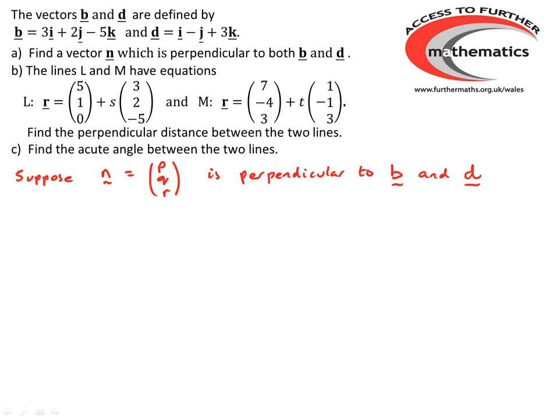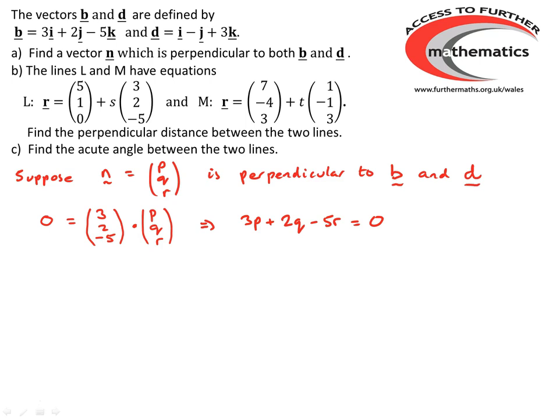Let's suppose that n, the vector (p, q, r), is perpendicular to both b and d. The fact that n is perpendicular to b means that the scalar product of n and b must equal 0. So we've got (3, 2, -5) dot (p, q, r) must equal 0. In other words, 3p plus 2q minus 5r equals 0.